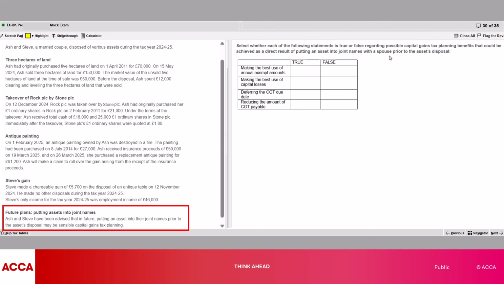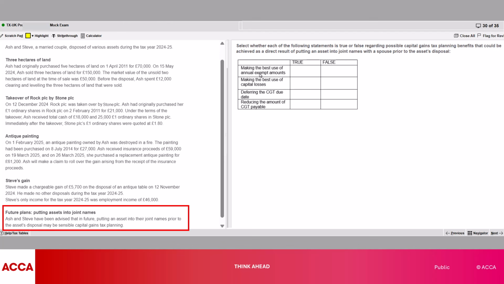And we need to establish whether the following statements are true or false regarding possible capital gains tax planning benefits if we put an asset into joint names with a spouse before the asset's disposal. If you remember that a transfer between spouses is at no gain and no loss, and then when the asset is eventually sold, whoever sells it gets the gain or loss as if they've always owned it.